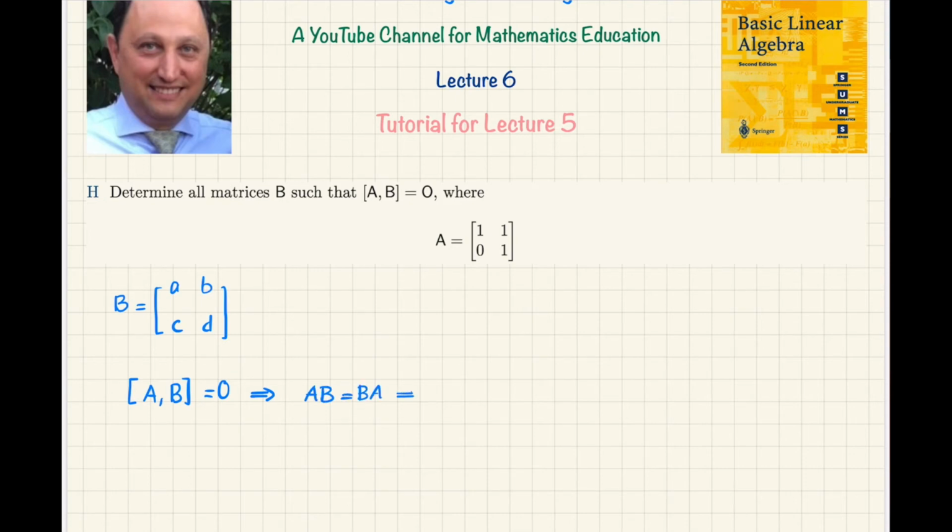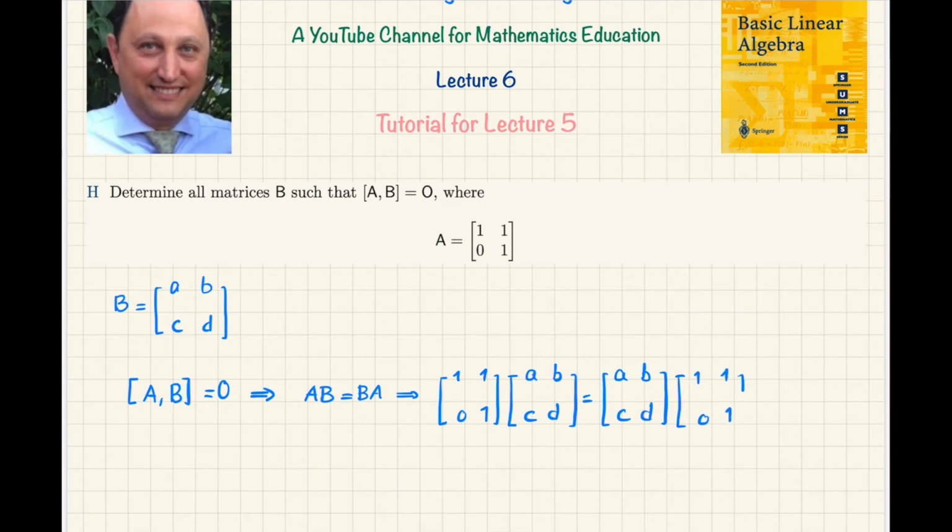Then this means that the matrix 1, 1, 0, 1 multiplied by this matrix B, which is A, B, C, D, is equal to the matrix B, A, B, C, D, multiplied by 1, 1, 0, 1. I want to find a relation among these numbers so that those relations guarantee this equality to be true.